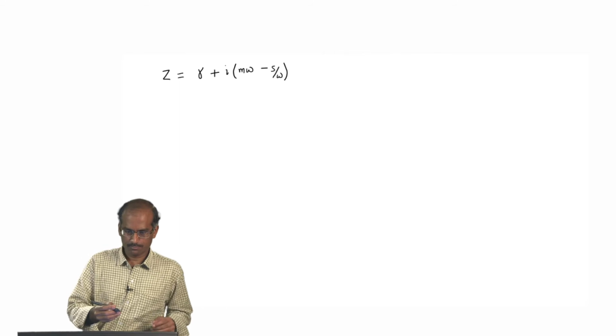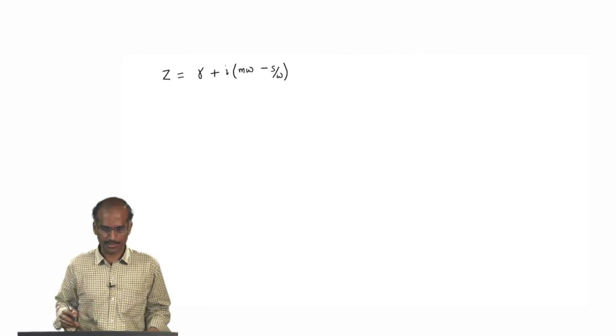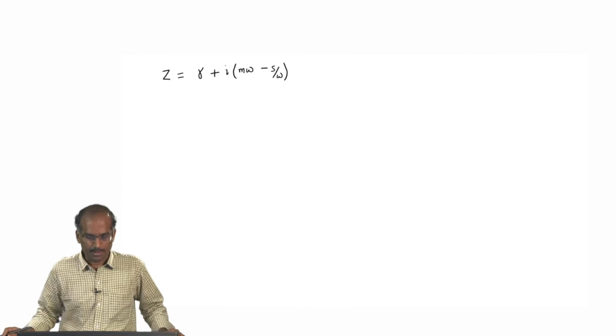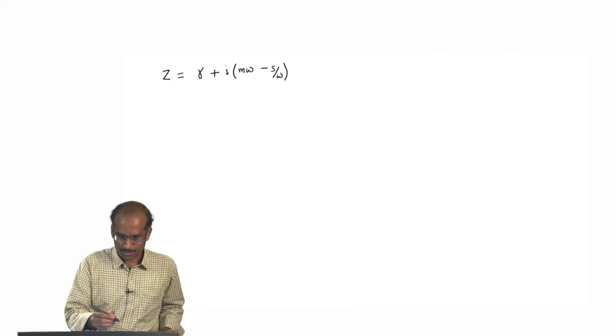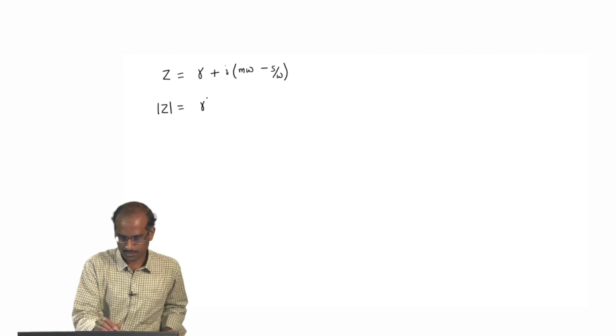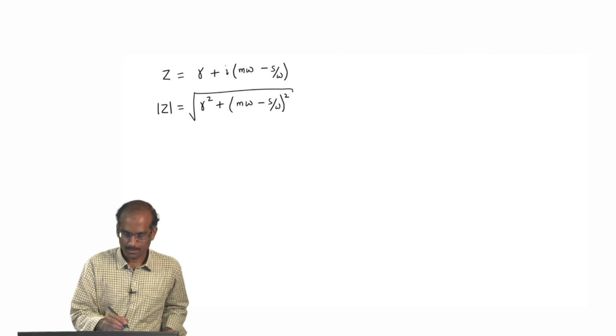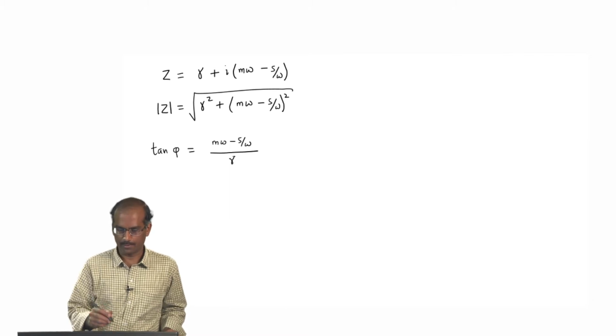Let me remind you that our basic definition of impedance Z was this quantity gamma plus i multiplied by m omega minus s by omega, and from here modulus of Z of course was gamma square plus this, and we also wrote down a relation for tan phi, which is m omega minus s by omega divided by gamma.